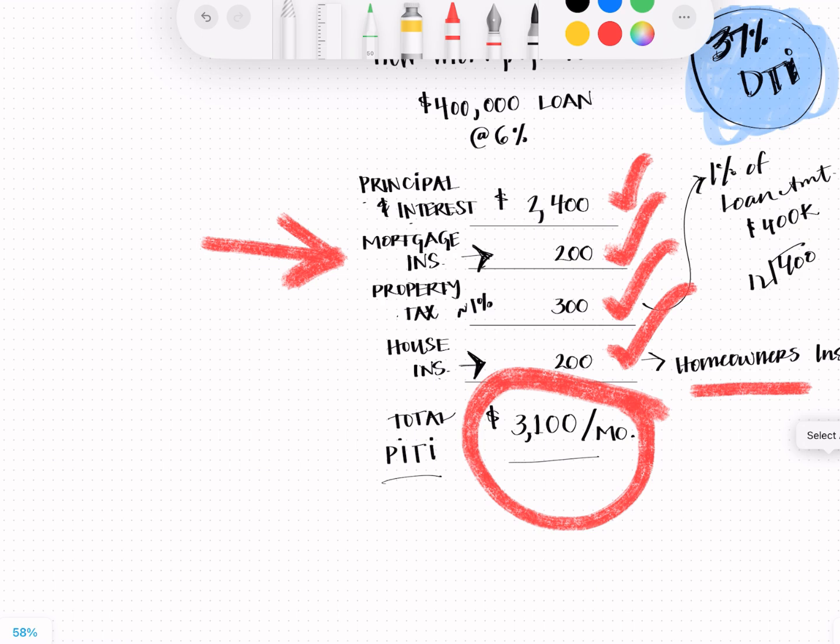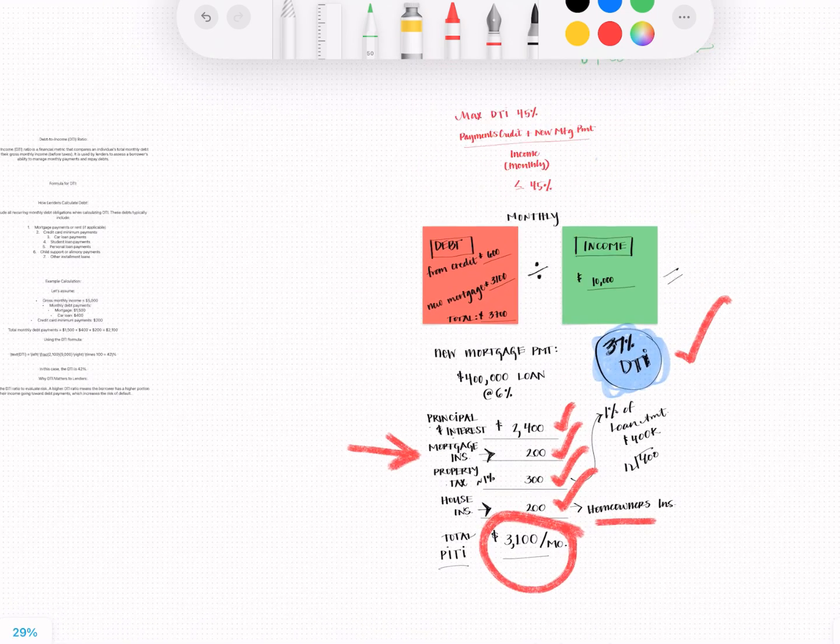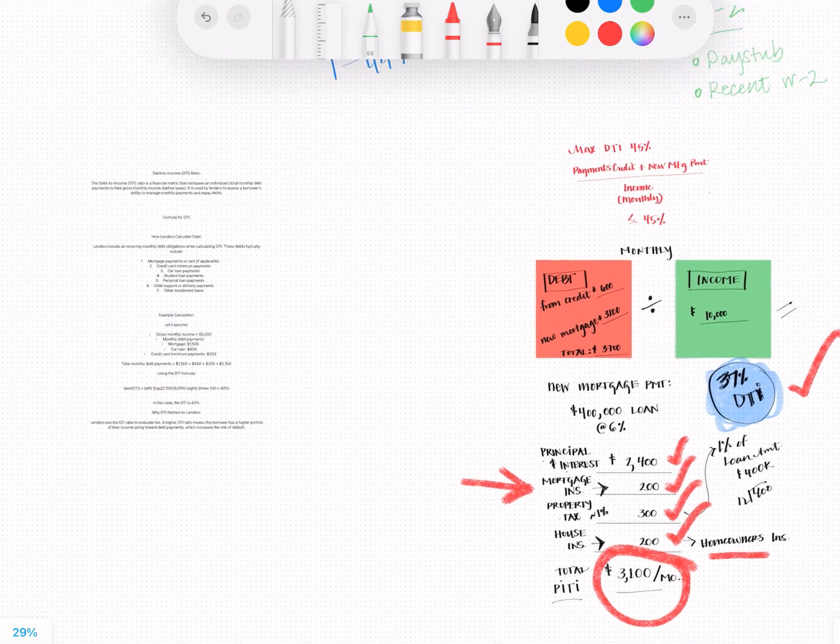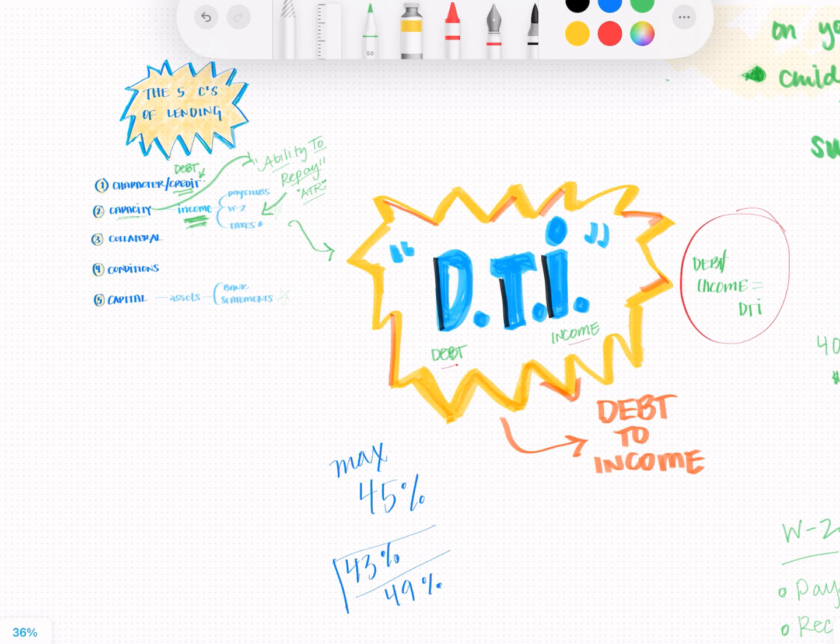So the big takeaways are that DTI is a reflection of the maximum debt to income ratio that a lender will allow you to have to qualify you for a mortgage. DTI is a major driver of loan approvals.